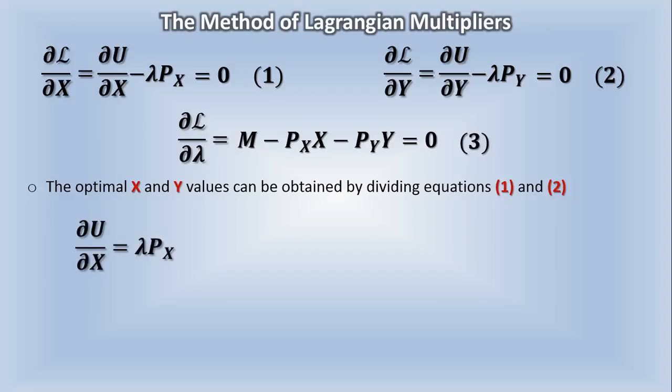So this first order condition we can solve for our marginal utility of x by taking this to the right, adding this to both sides. So you have partial u over partial x equals lambda px. And then we can do the same thing over here. So partial u over partial y equals lambda py by moving this term to the right.